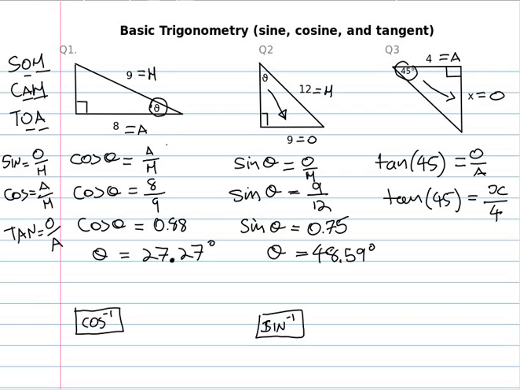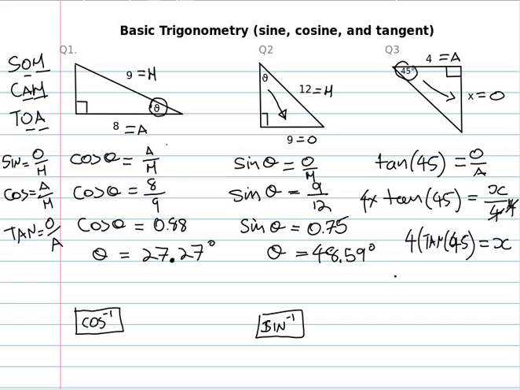Now, we want to get x by itself, so let's times both sides by 4. Times by 4 gives us 4 times tan 45 equals x, because that 4 and that 4 cancel out. If you are losing me, there will be another tutorial on some basic algebra.